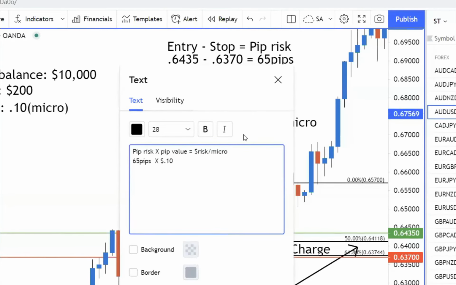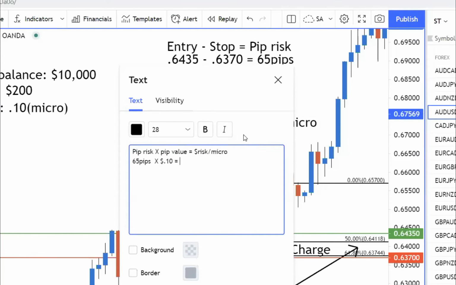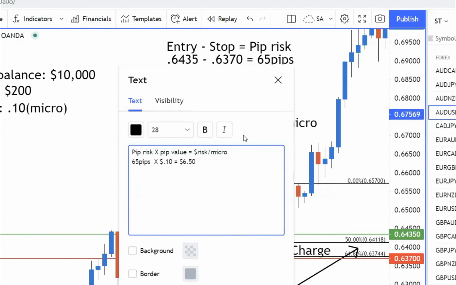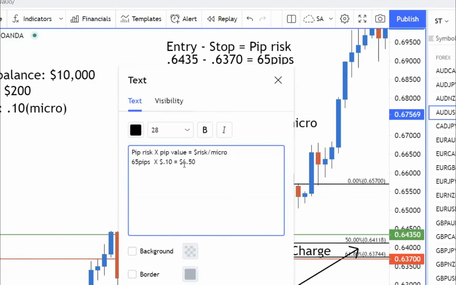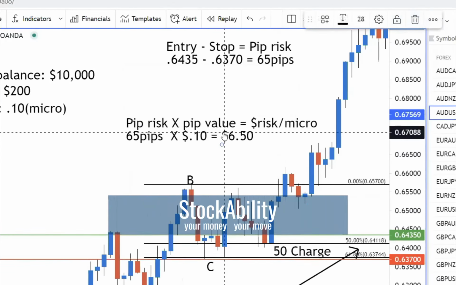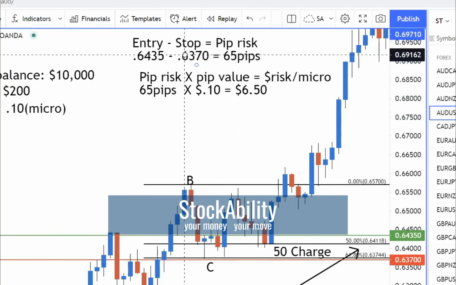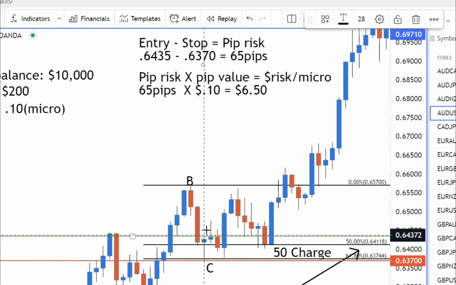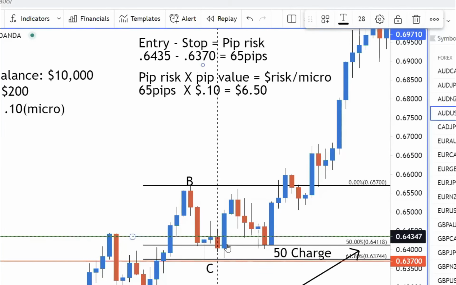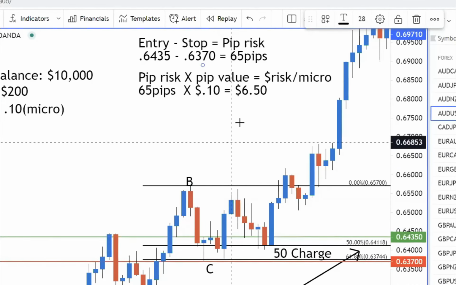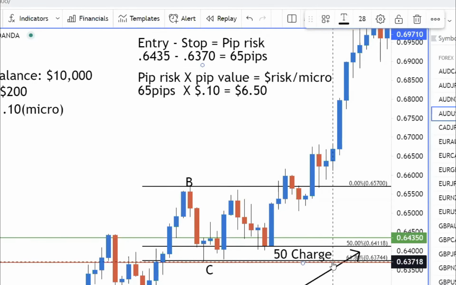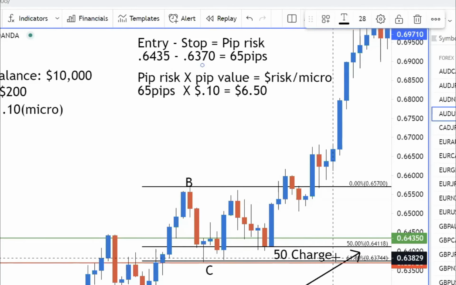So 65 times 10 cents, $6.50. So what this means here, this $6.50, is that if I were to have purchased 1 micro at the green line and then I were to get stopped out, I would lose $6.50 on that 1 micro.